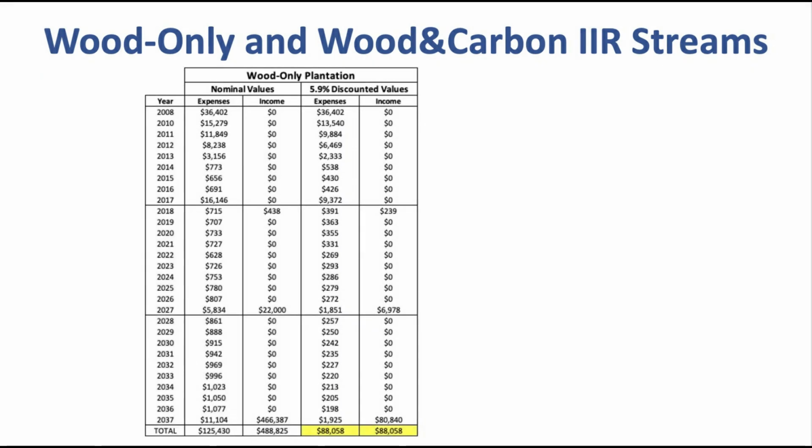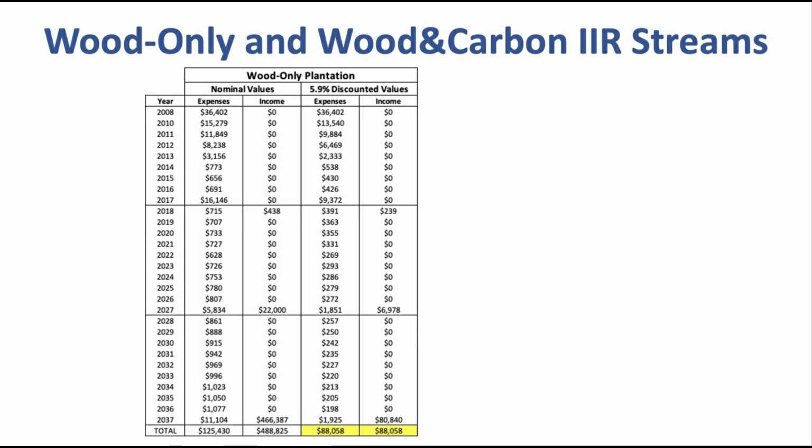If we look at the wood-only internal rate of return, we can, for each of the 30 years, list the expenses that will be incurred and the income in nominal terms, and then discount those values for each year using a variable discount rate.